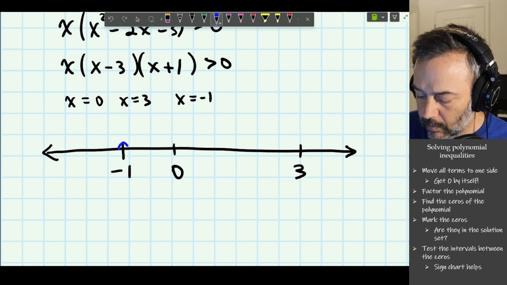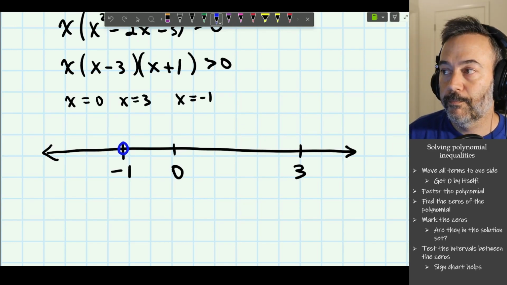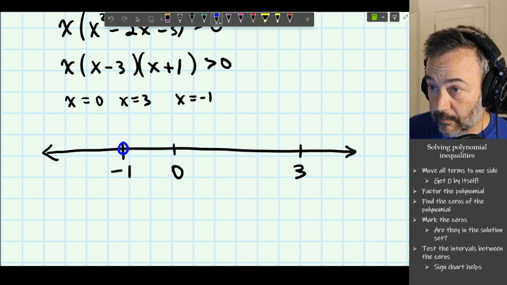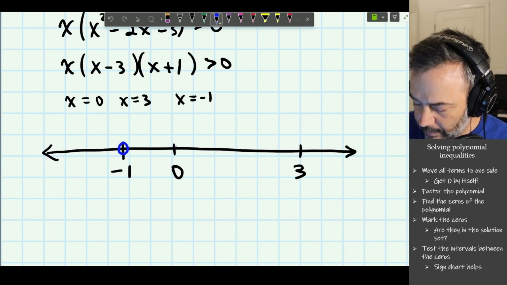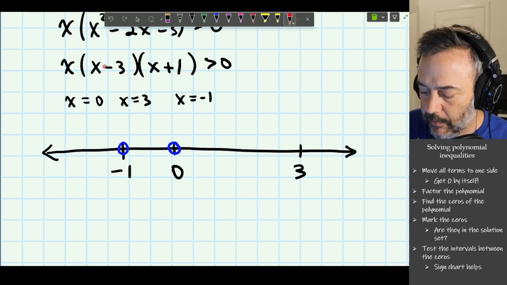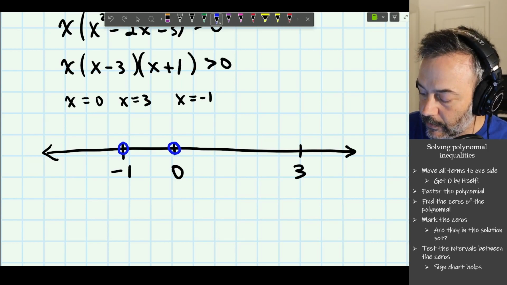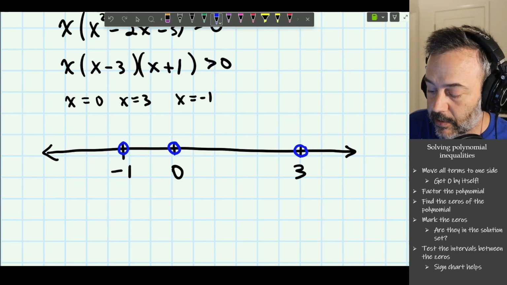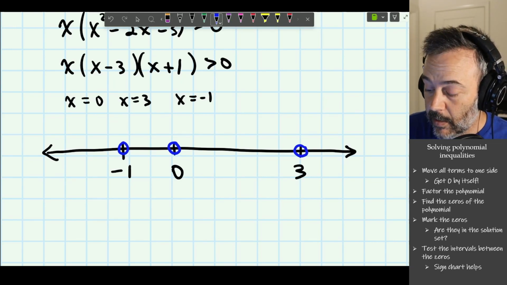So that's an open circle. And similarly with -1, if I plugged in -1, it's going to make this 0. If I plug in 3, it's going to make this 0. In any case, all the zeros actually are not in the solution set because this is strictly greater than.